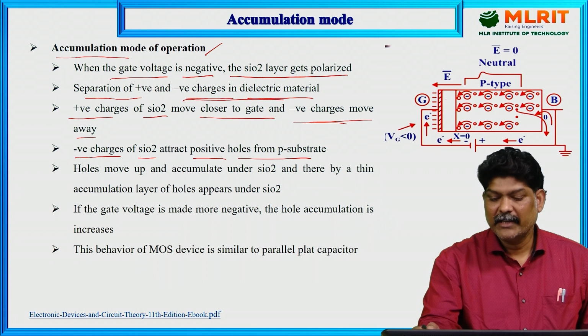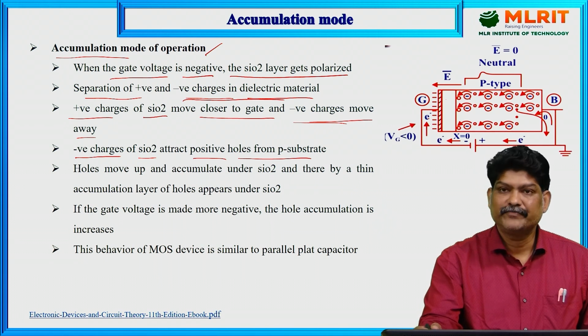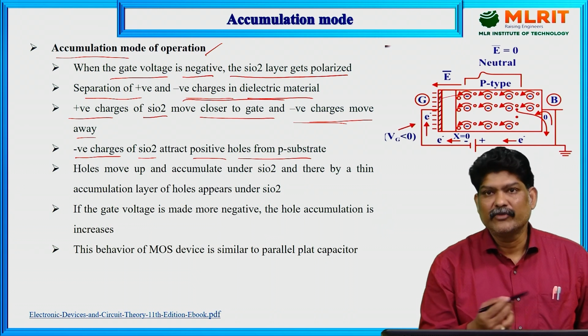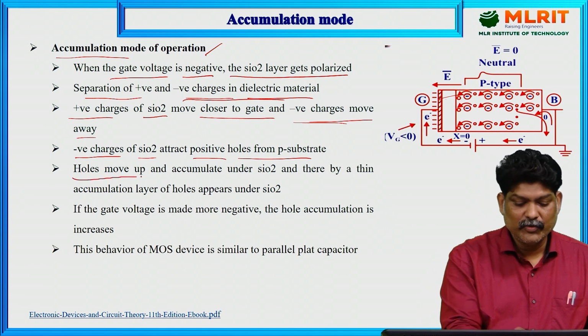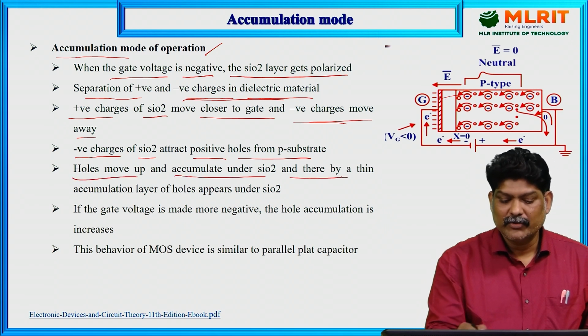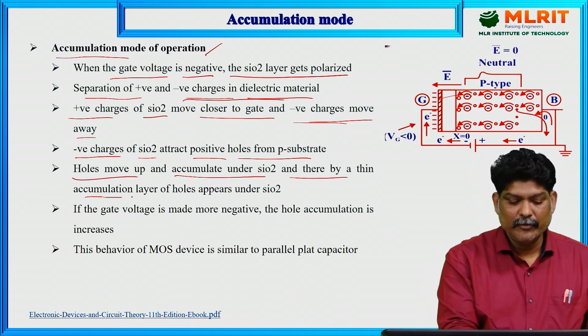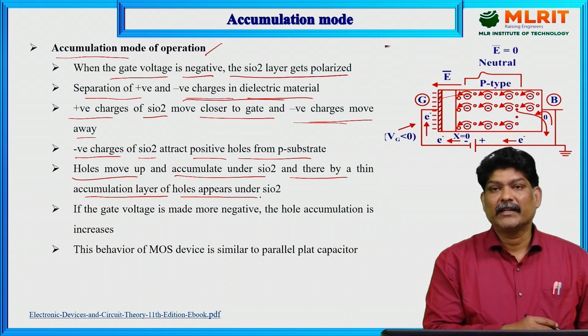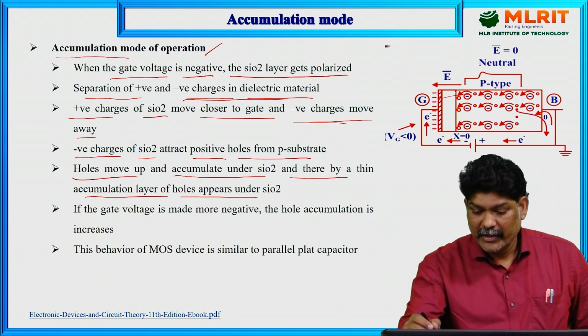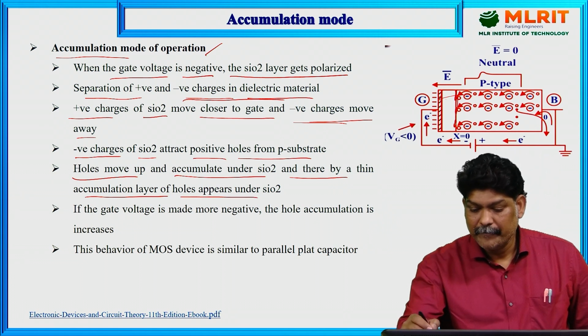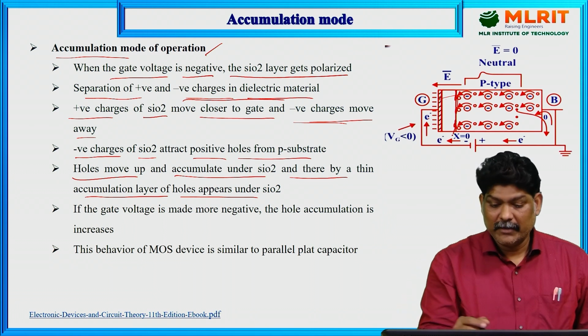The positive holes are attracted towards the negative gate voltage. Holes move up and accumulate under SiO2, and thereby a thin accumulation layer of holes appears under SiO2. So here you will get the accumulation layer under the SiO2 layer.